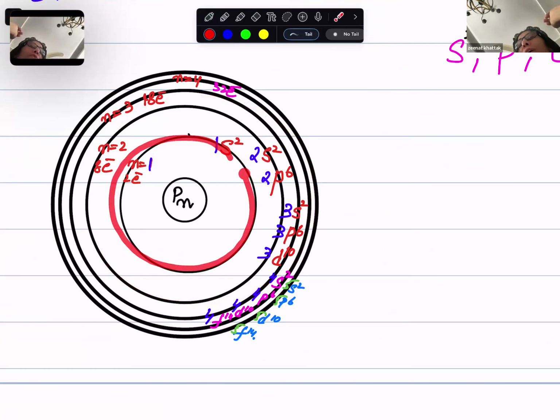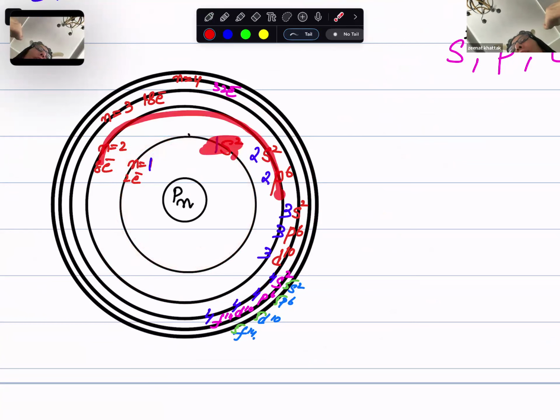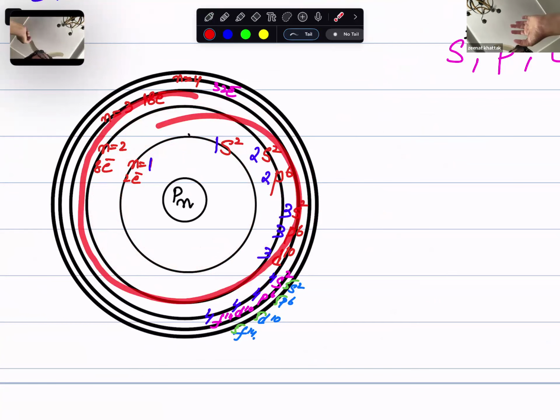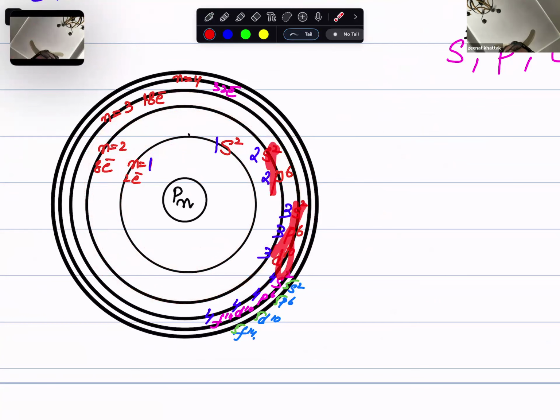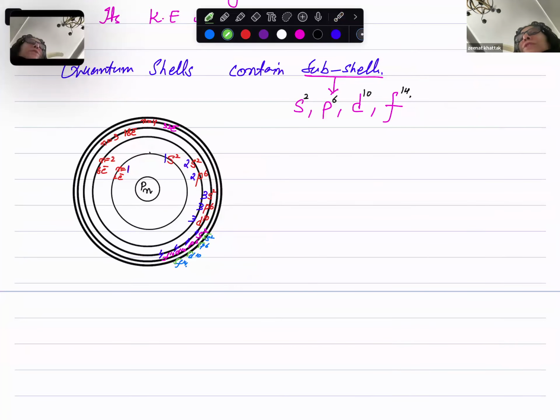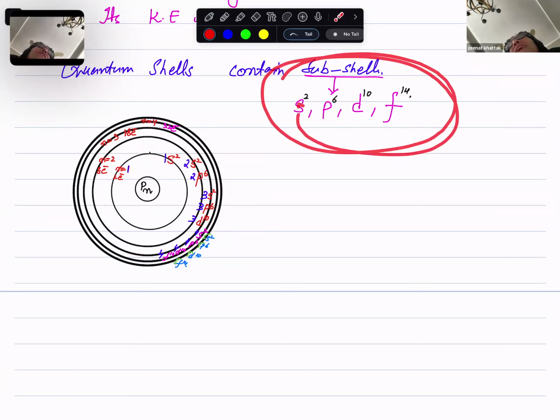The first quantum shell contains 1s, the second contains 2s and 2p, and the third contains the 18 electrons. The 8 electrons are not scattered. They're in their particular places, which are subshells. But you know, subshell contains what? Orbitals. I'm not going into the detail. These s, p, d, f are spectroscopic terms.